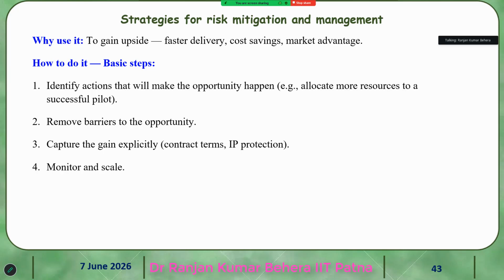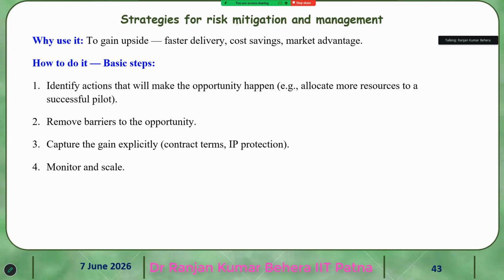So what are the basic steps? Identify actions that will make the opportunity happen. Allocate more resources to a successful pilot. That means whoever is able to do a successful design or successful development, we should give more. And remove barriers to the opportunity.